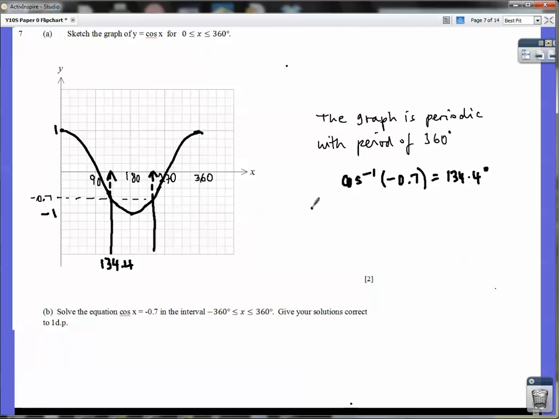So if I do 180 take away 134.4, I get 45.6, and so this gap is 45.6. If I add 45.6 to 180, I end up with my other solution. So 180 plus 45.6 equals 225.6. So this angle here is 225.6.